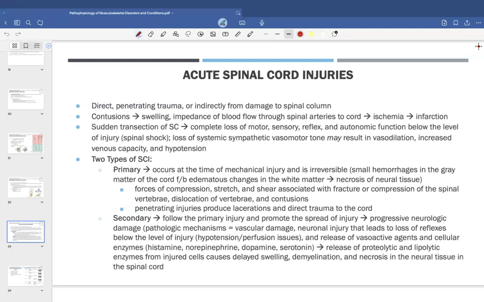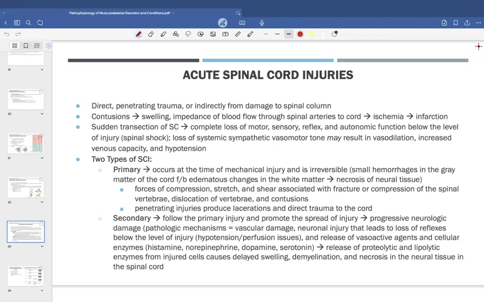And so, just because it seems to be a benign contusion and nothing's broken, it doesn't mean that bad things still can't happen. Those tend to be more of a delayed progressive neurologic decline.